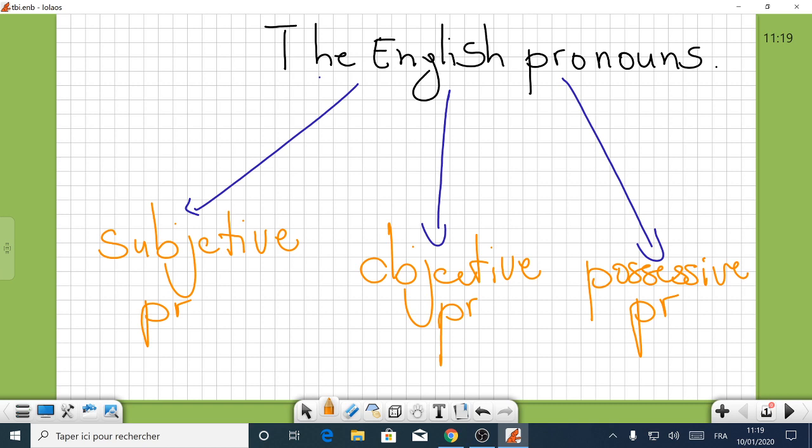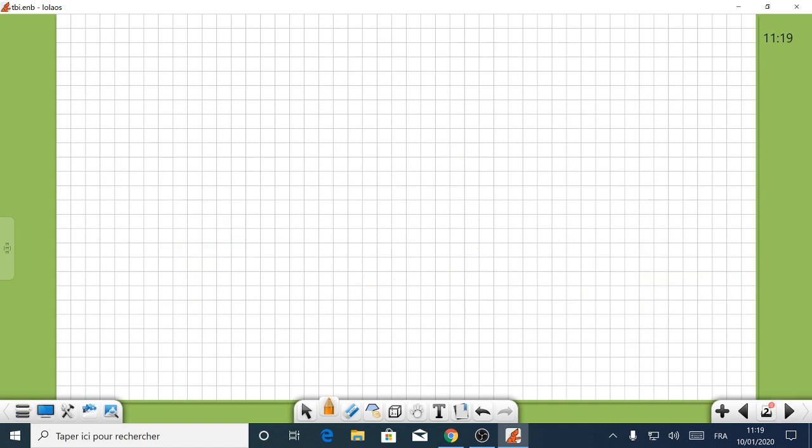So today we are going to work on the English pronouns, and we shall focus on the most common pronouns that we encounter in our communication, both written and oral. The first type is subjective pronouns, the second type is objective pronouns, and the third type is possessive pronouns.